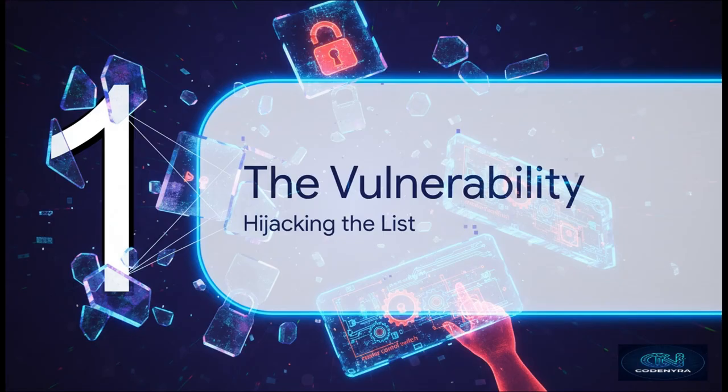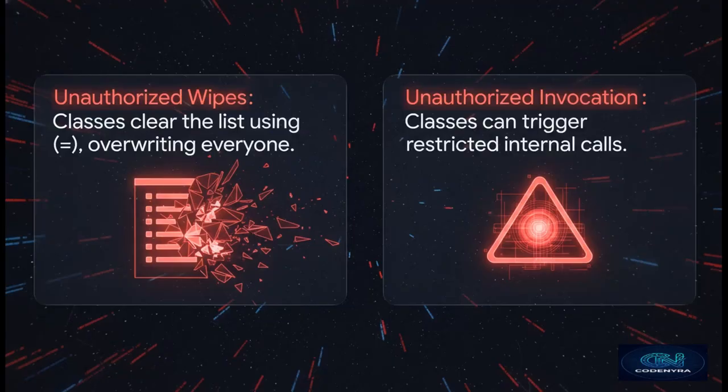Part 1. The vulnerability: hijacking the invocation list. So, what actually happens if you make that VIP list public? Well, if a delegate is publicly accessible inside a class, you are basically leaving the master control switch sitting out on the sidewalk. We've got two main threats here. First, unauthorized wipes.